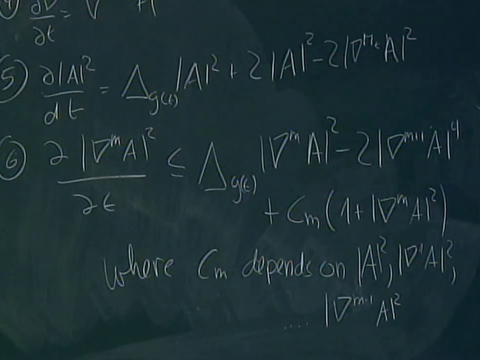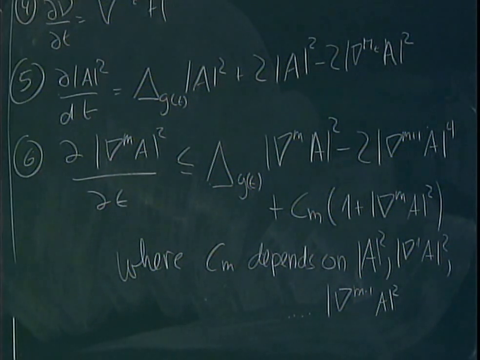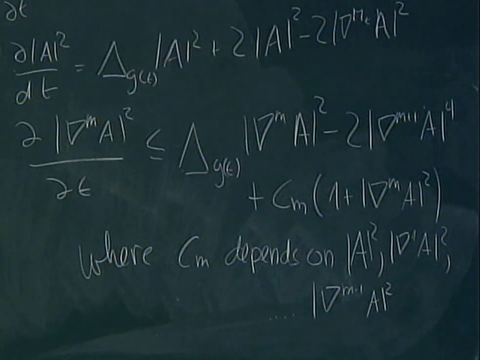So here, a squared is the sum of lambda 1 squared plus up to lambda n squared, where lambda i are the principal curvatures.